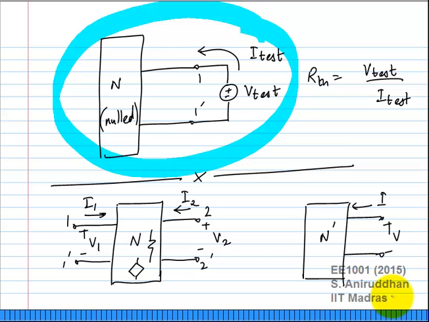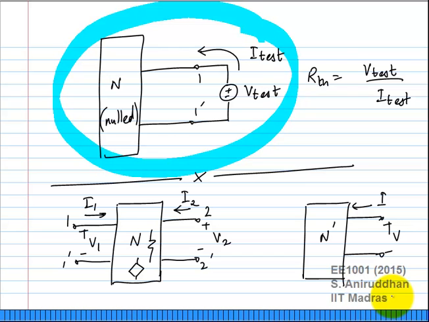So how many such possibilities are there? Let us say I can set V1 and V2 as the independent variables, I1 and I2 as the dependent variables, and characterize the dependence. You can do the reverse. Or you can keep V1 and I1 as the independent variables, V2 and I2 as the dependent variables, and so on. So there are several ways of doing this.